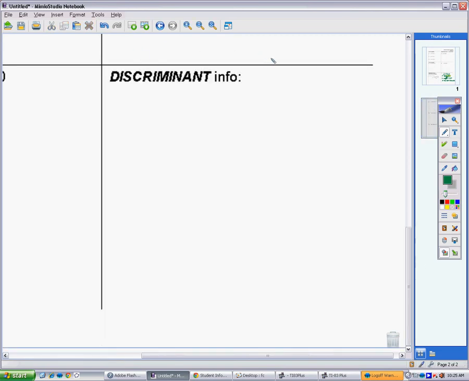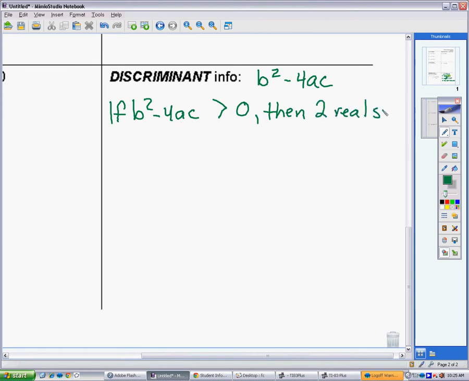Discriminant information. The discriminant is going to be the b squared minus 4ac part. And if b squared minus 4ac is greater than 0, then there are 2 real solutions. If b squared minus 4ac equals 0, then there's 1 real solution.